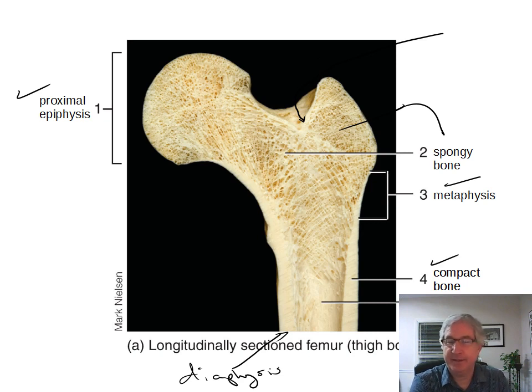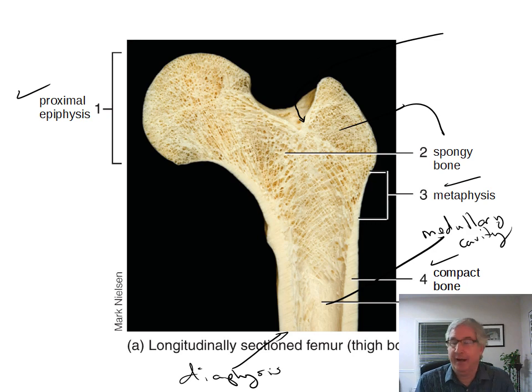Then this section here, behind my head over here, is the medullary cavity. This is just showing you what it actually looks like rather than a diagram. This is on the inside of the bone, and you would see this hollow center filled with fatty tissue, yellow marrow in an adult.